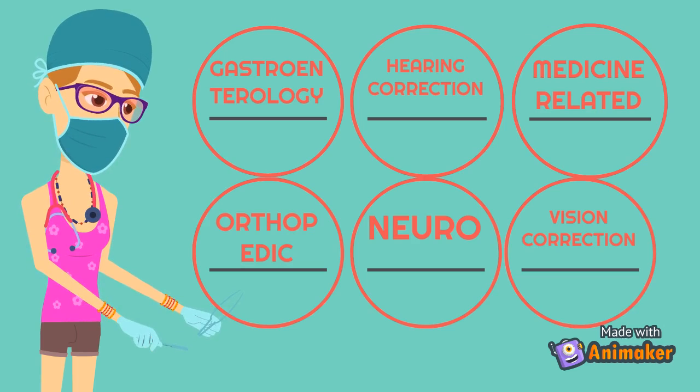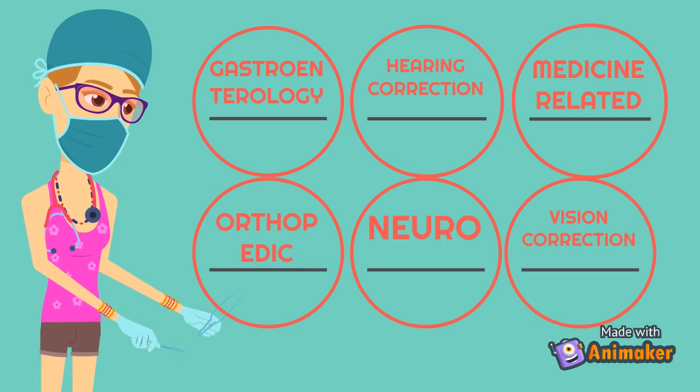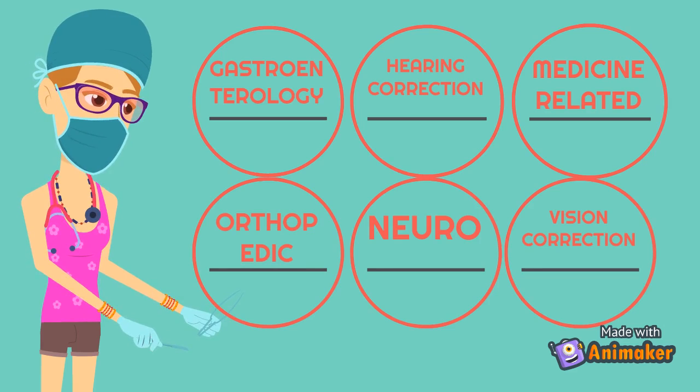So this is performed on the nervous system, especially the brain and spinal cord. Lastly is the vision correction surgery. So this can help to improve vision impairment and loss. The vision surgery usually addresses problems with the eye and the retina, but it can involve the muscles that support the eye functioning.